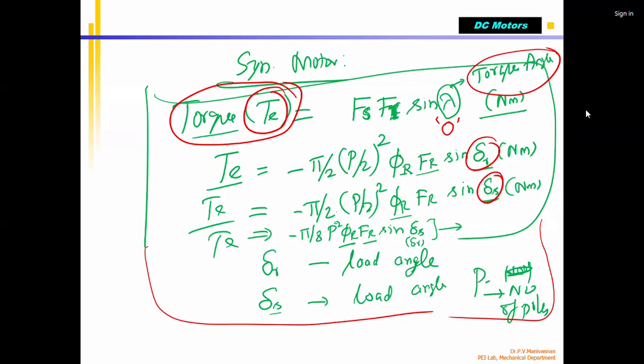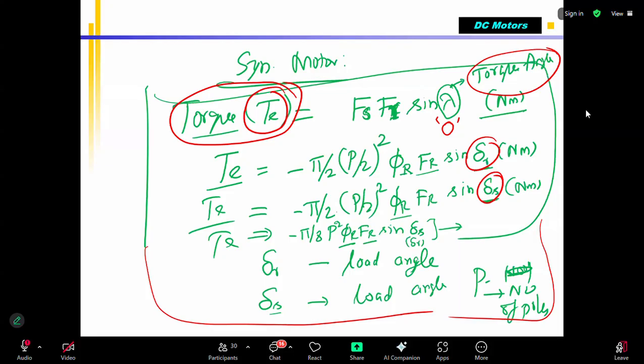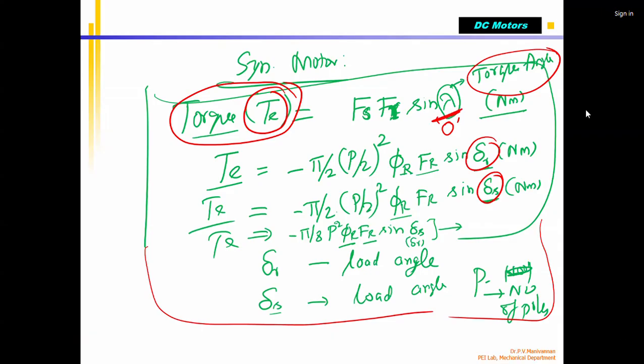The stator magnetic field has no mass, but the rotor has a mass. Because of that, there will always be an angle. Even in no load condition, this lambda torque angle will not be zero, because the rotor has some mass and cannot exactly align.